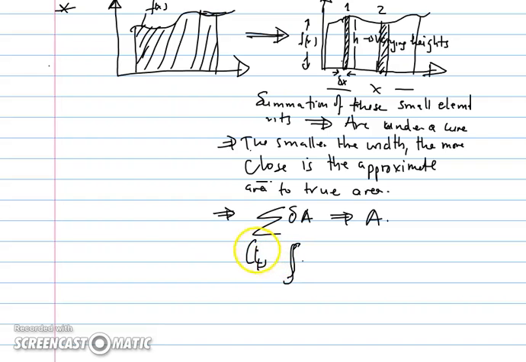When you have very small areas, with the limit, we can say the summation of this dA, as dx approaches 0, which means the thickness of this element approaches 0, approaches the integral of dA, which is actually equal to the area.